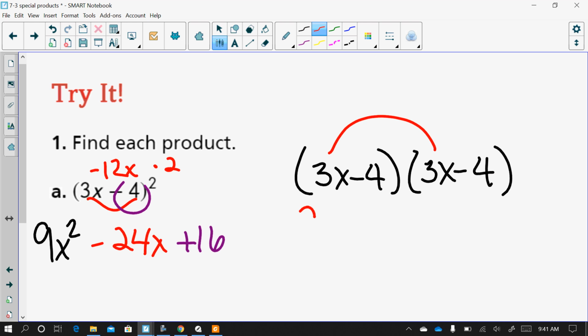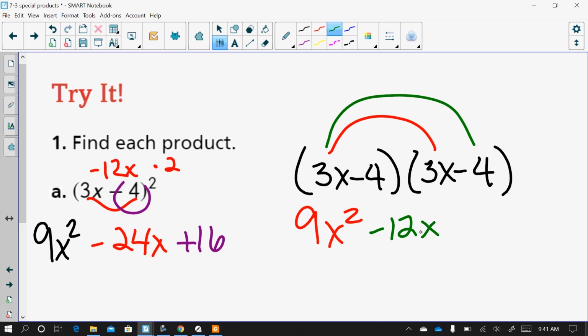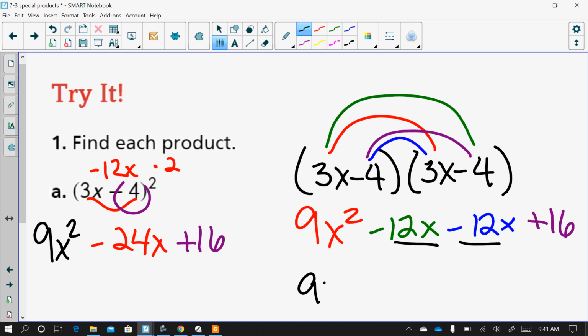First times first. Outsides. Insides. Lasts. Combine your like terms. And you get the same answer. Again, I don't care which way you use.